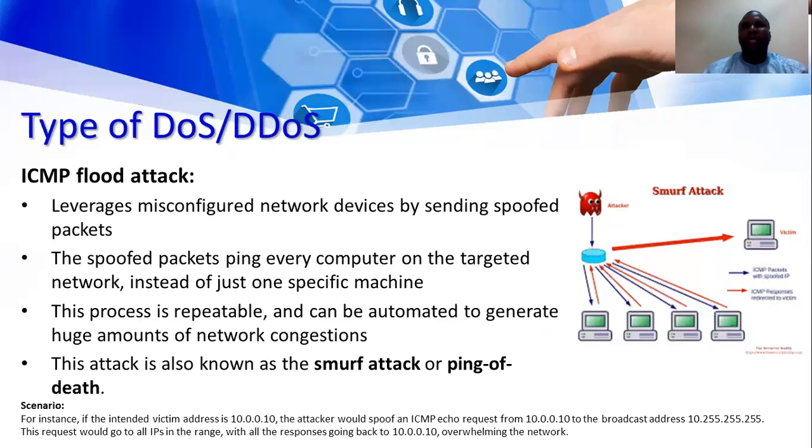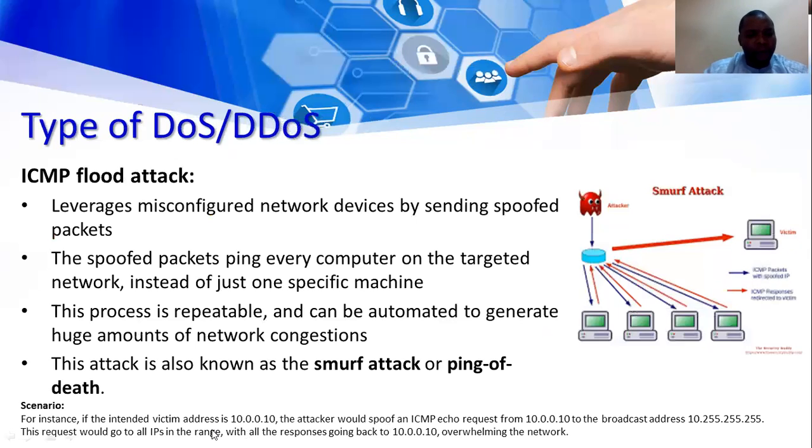The way you can understand this is, let's look at it this way. We have a router, and this router was misconfigured. Attackers can try to leverage this misconfigured router to gain illegitimate access to the target machine.